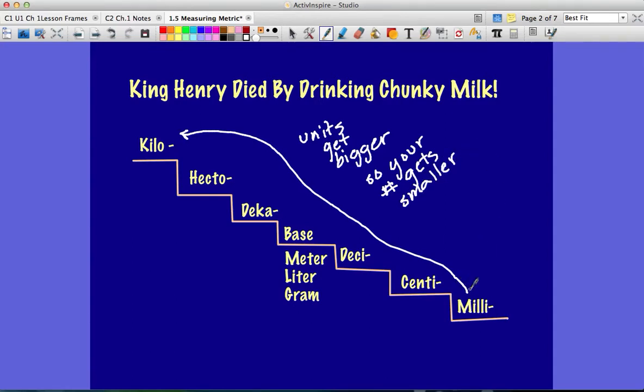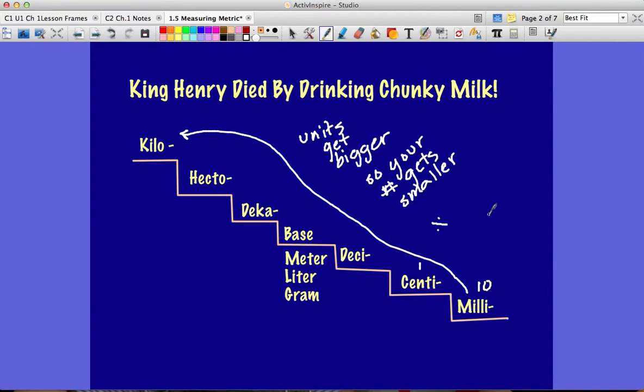So when you're going from milli to kilo, you're actually going to use division, because your number is going to get smaller. So if you have 10 milliliters, you're going to have only 1 centiliter.